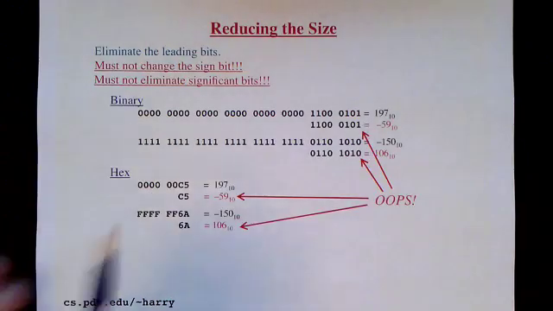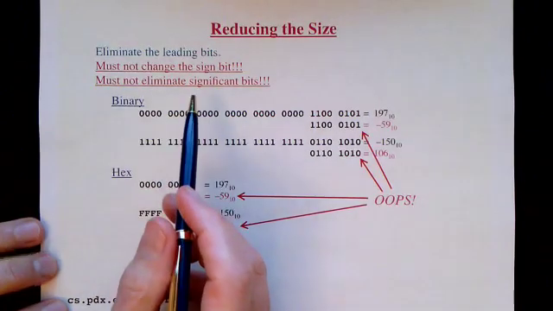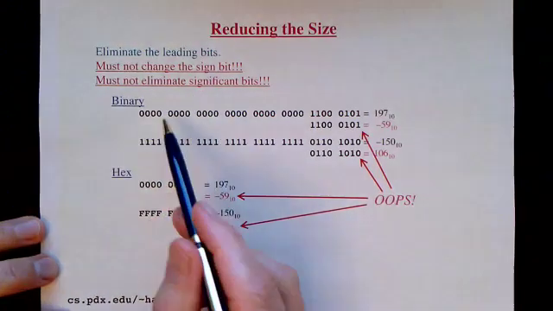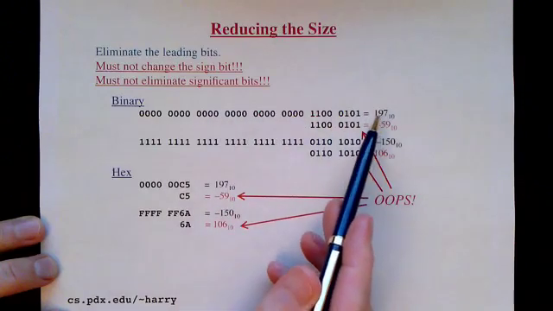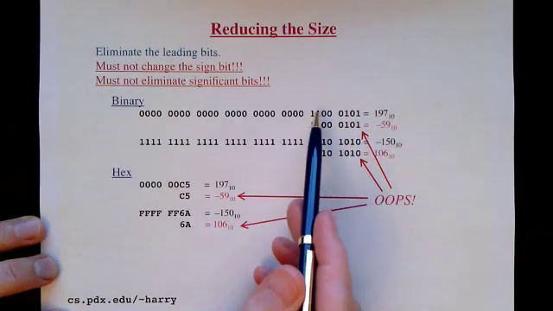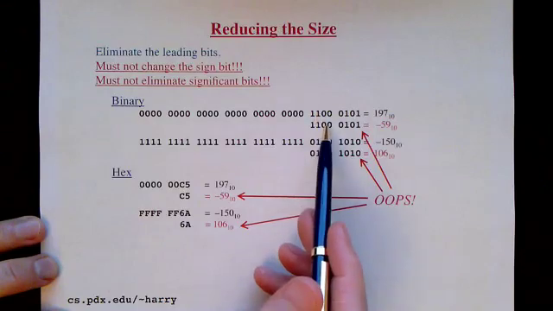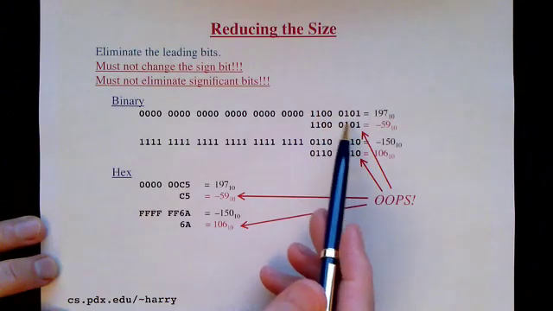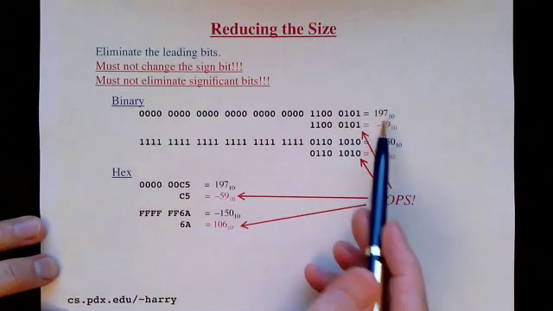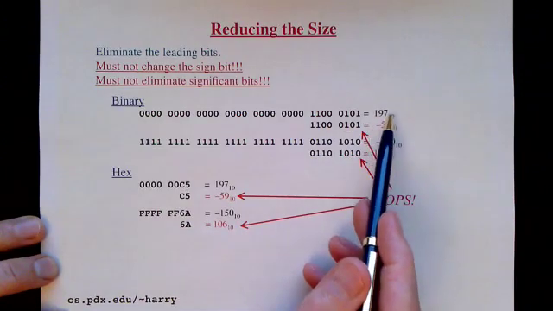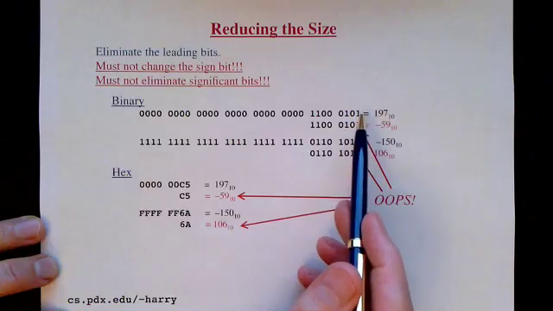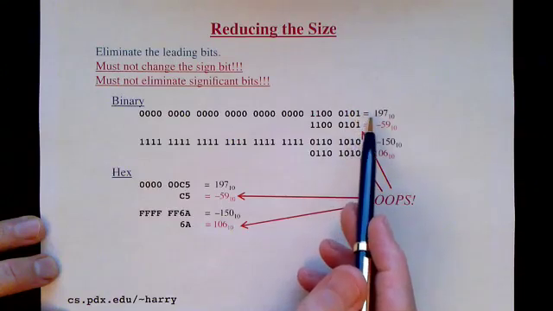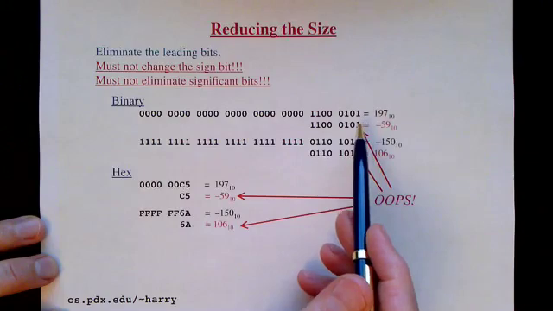Next, we show a couple of examples where we get into trouble. In the first case, we're trying to shrink the representation of 197 down from a word representation to a byte representation. And unfortunately, we can't do this. The problem is that 197 can be represented with 32 bits in sign notation, but it cannot be represented with only 8 bits in 2's complement sign notation.